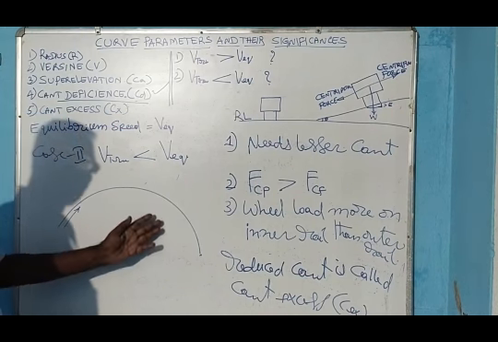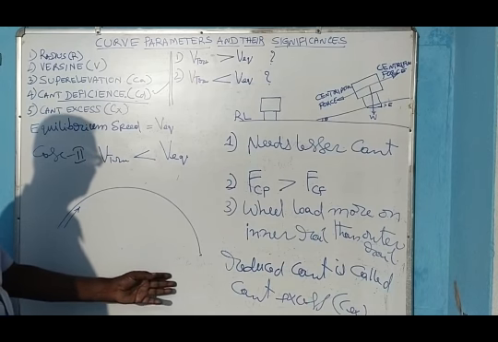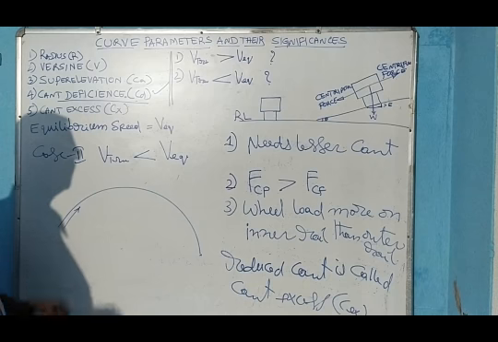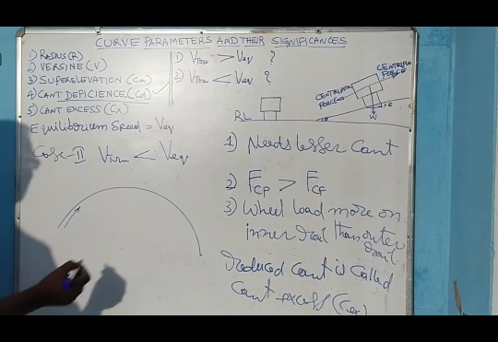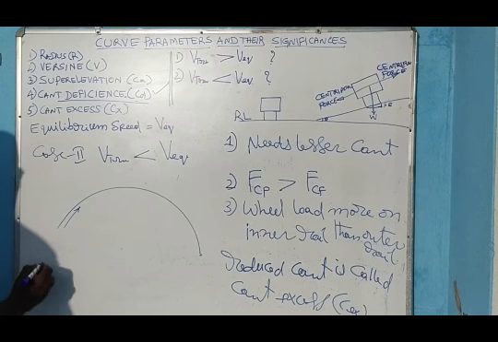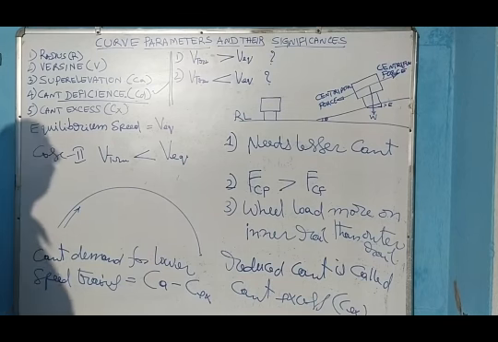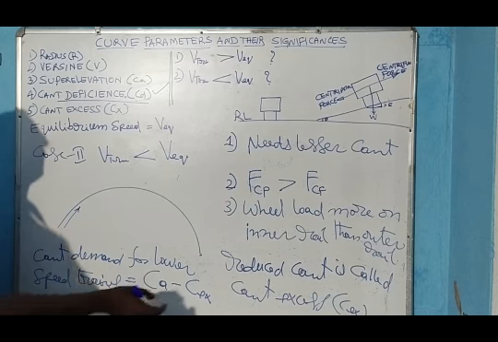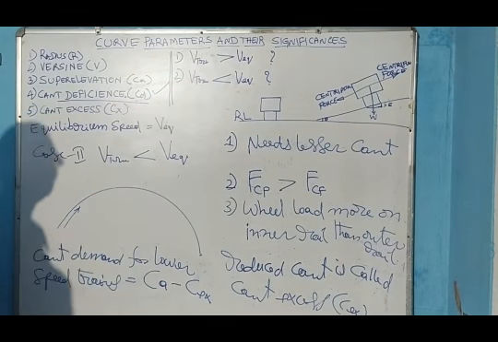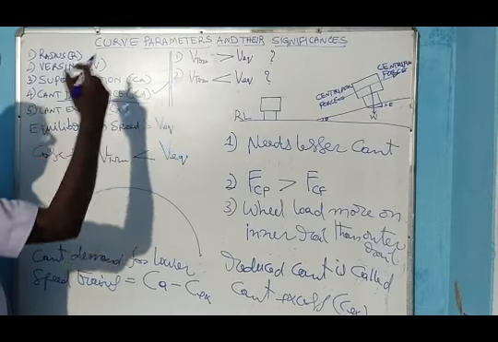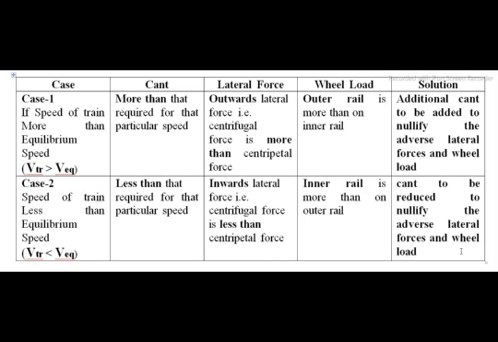The cant required is less than the actual cant provided. Cant demand for lower speed trains is equal to actual cant minus cant excess. When trains move around a curve below the equilibrium speed, cant excess occurs.